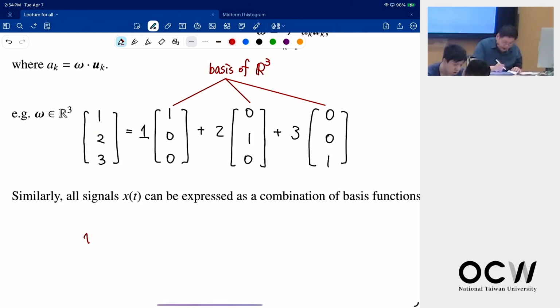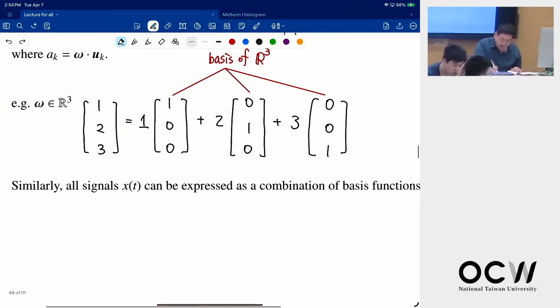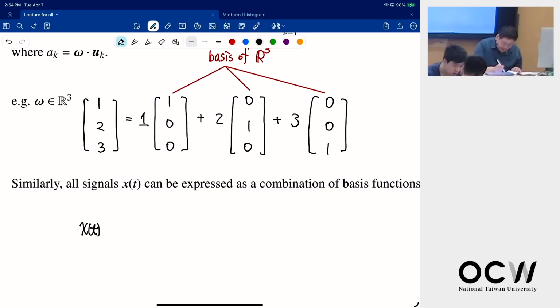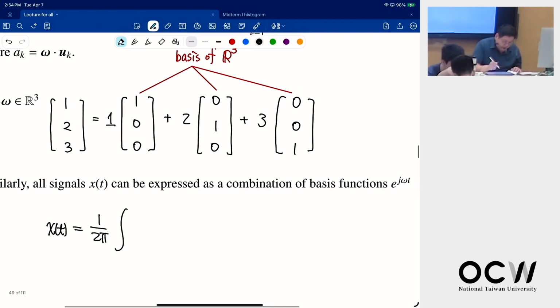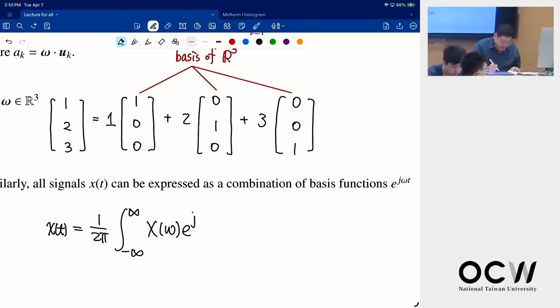A signal x is 1 over 2 pi, all the combination. So for the continuous case, that's the integration. Not only for the integration, because for vector functions, when they do the function inner product, then we do the integration. So x e to the j omega t d omega.